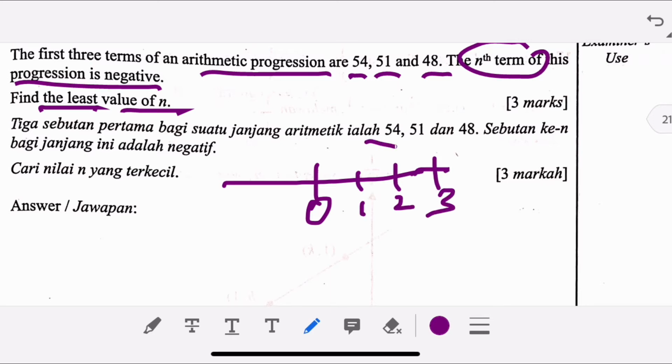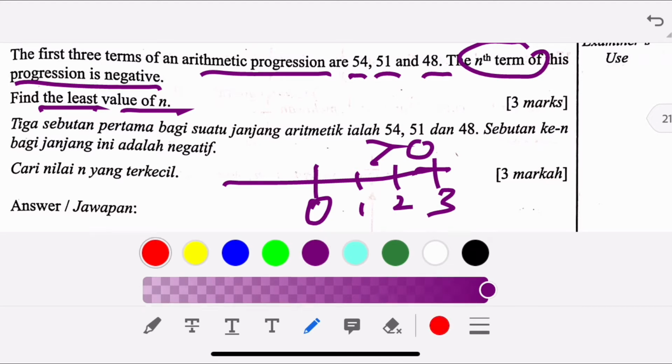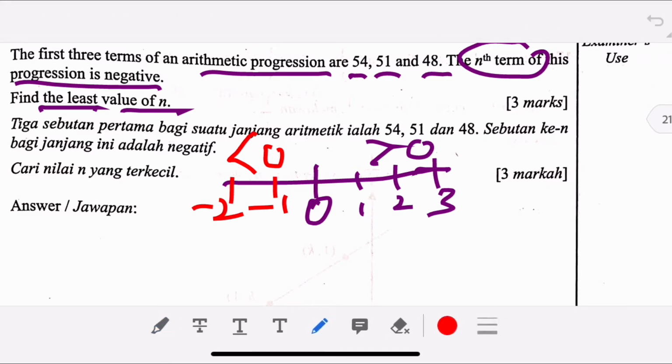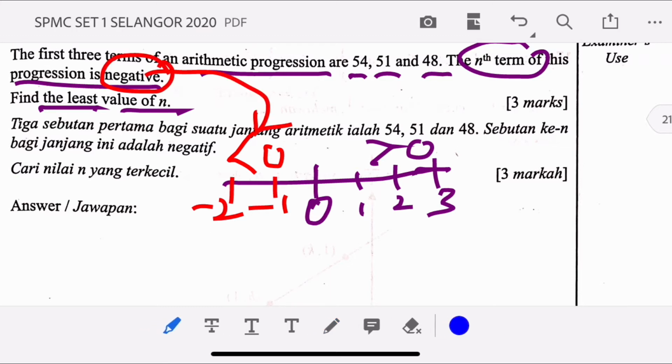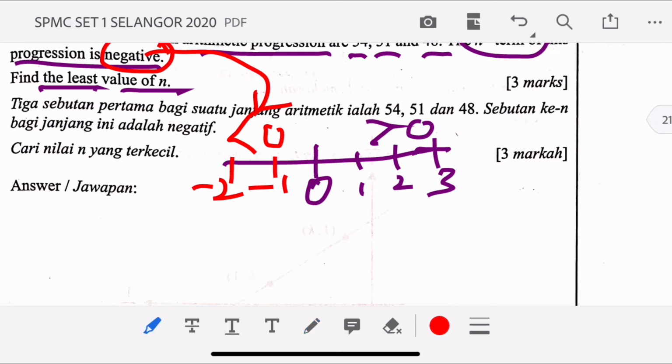For the number here that is positive, we use the inequality symbol. The number here will be less than 0 because it's -1, -2. So whenever you see the word negative, you should link it to the inequality. That means the Tn will be less than 0.